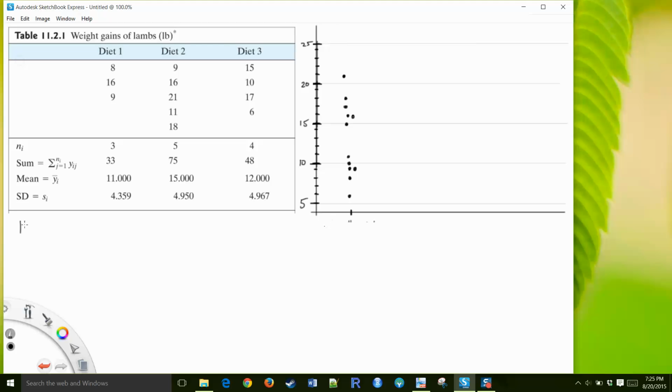Or symbolically, we would write the null hypothesis is that the mean of group 1 is the same as the mean of group 2, which is the same as the mean of group 3.